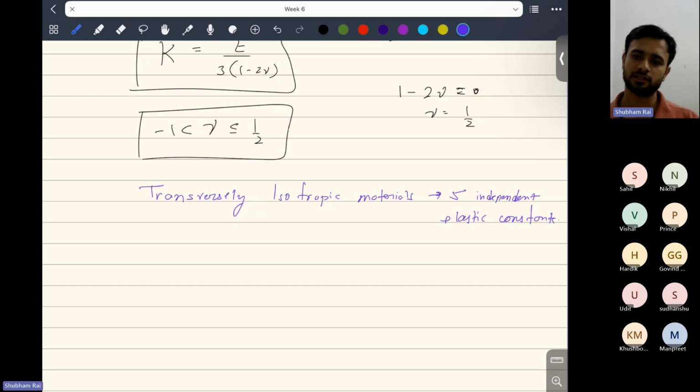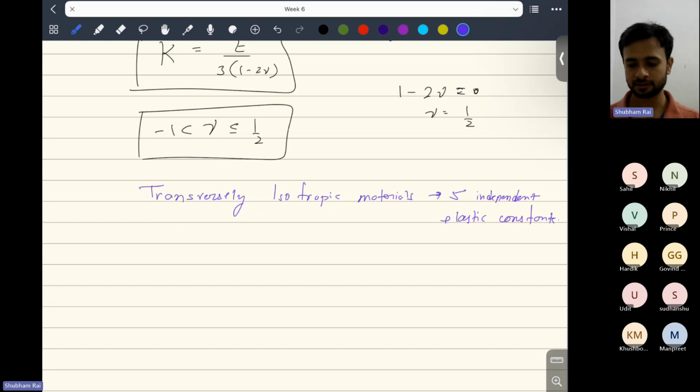Transversely isotropic materials means you have an axis of symmetry. So let's say you have some material and this is some axis. So normal to this axis in each direction, the property will be same. Okay. And along this axis, there will be some other property.